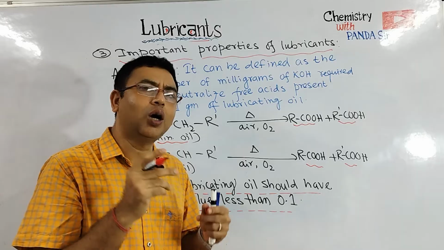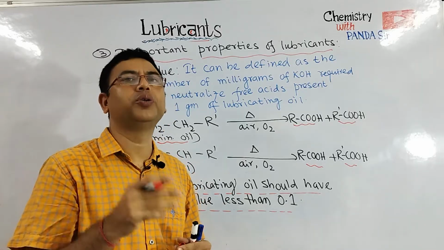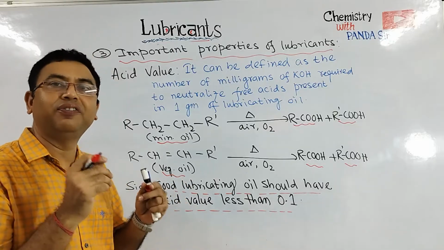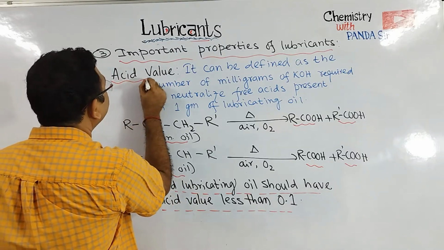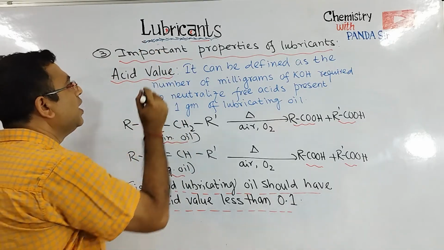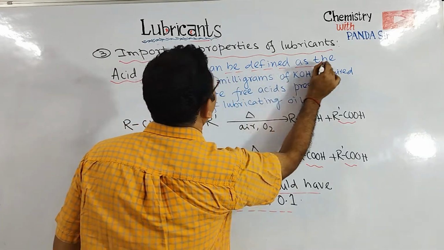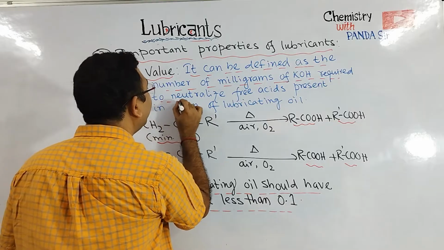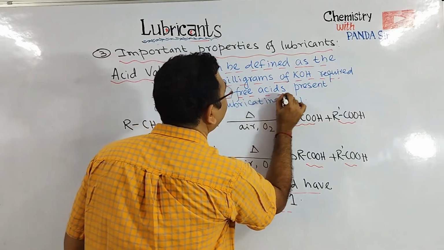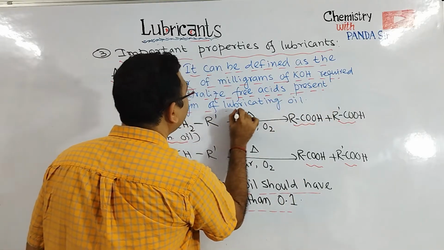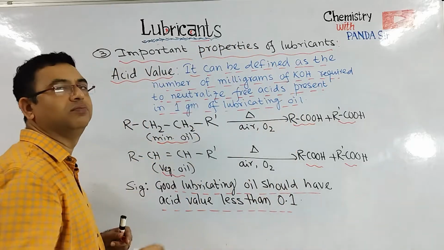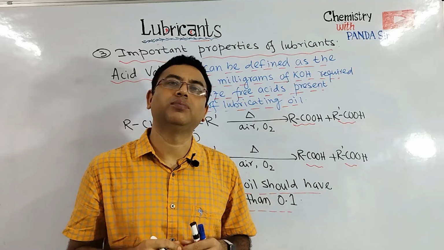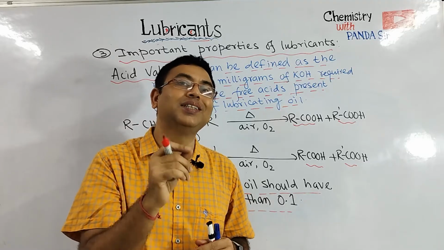Now the question is how to calculate the acid value. We are going to tell you very shortly, but before that, let us understand the definition of the acid value. It can be defined as the number of milligrams of KOH required to neutralize the free acid present in 1 gram of lubricating oil. I took 1 gram of lubricating oil to see how much acid is present.